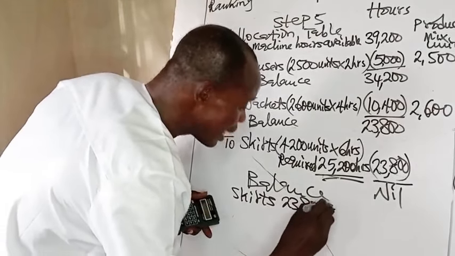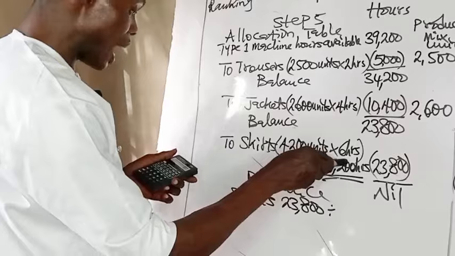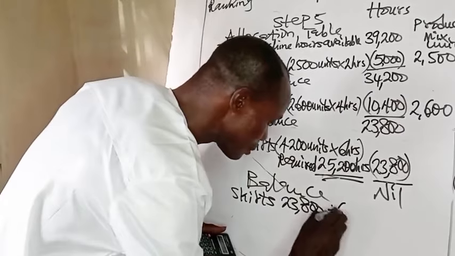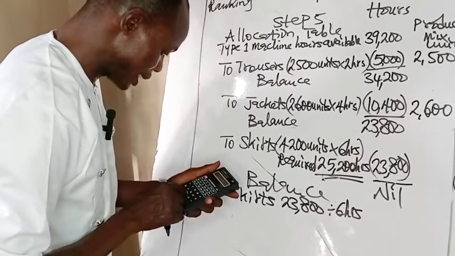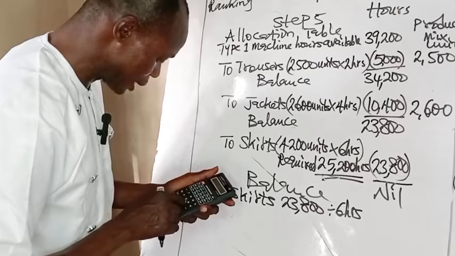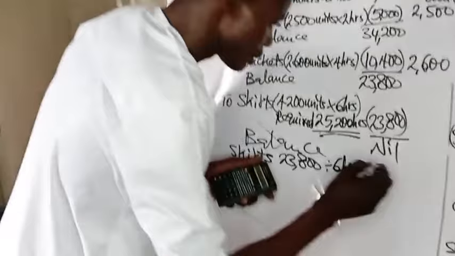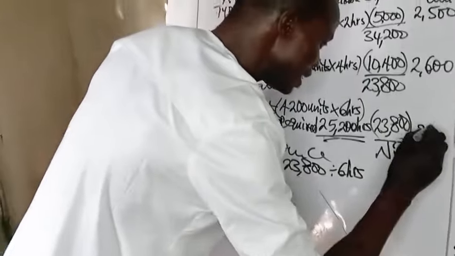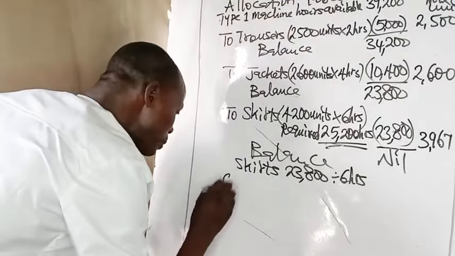To produce a unit of skirt you need 6 hours. So 23,800 divided by 6 gives us 3,967 units.